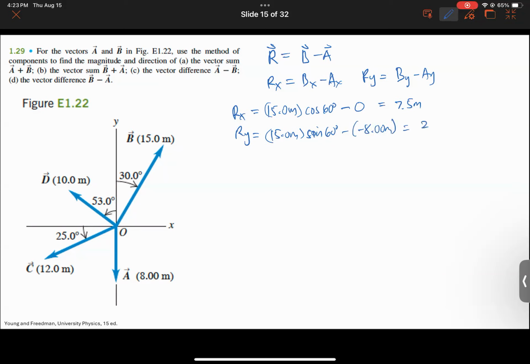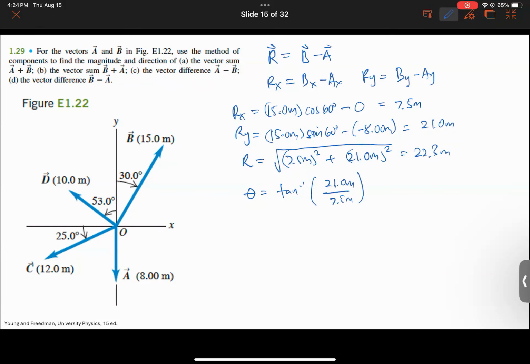And this gives us 21.0 meters. So yung resultant vector ngayon is square root of 7.5 meters squared plus 21 meters squared. This gives us 22.3 meters. And yung angle is tangent inverse ng 21.0 meters divided by 7.5 meters.